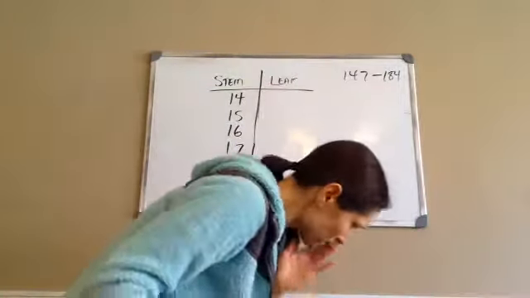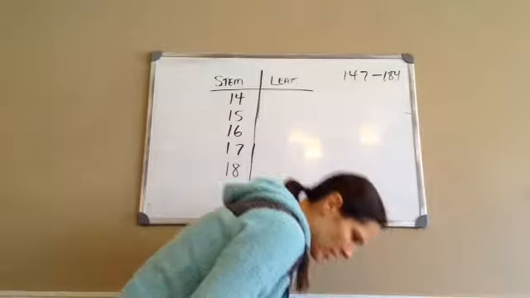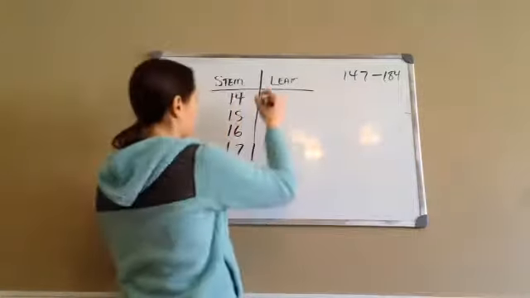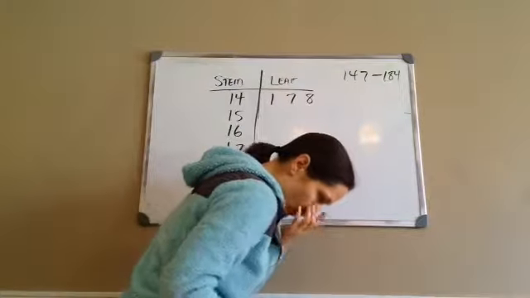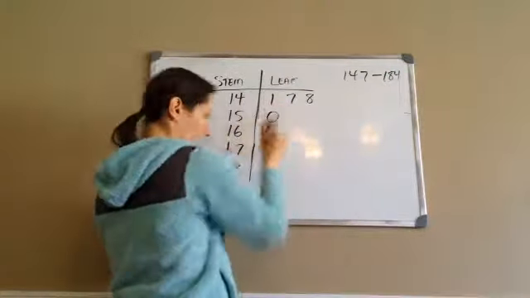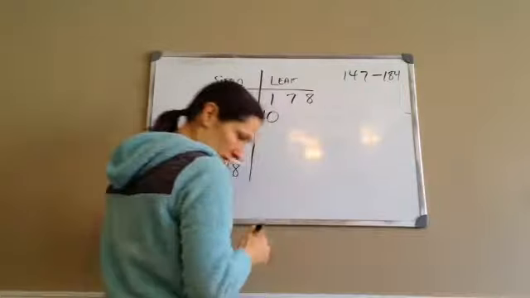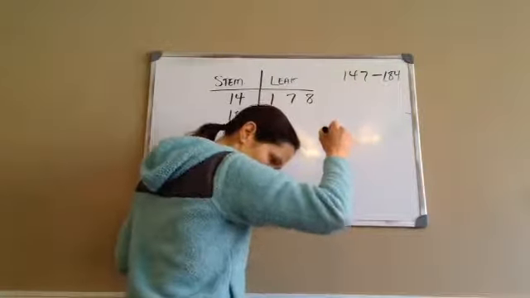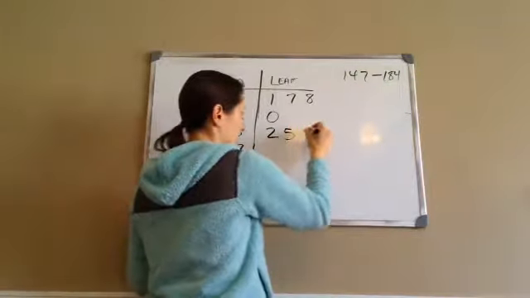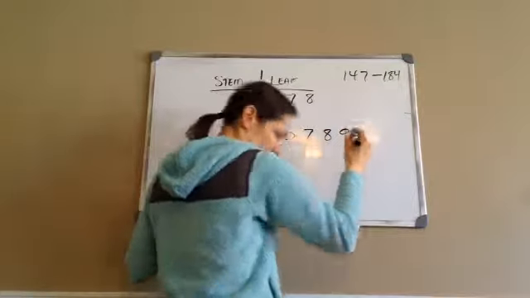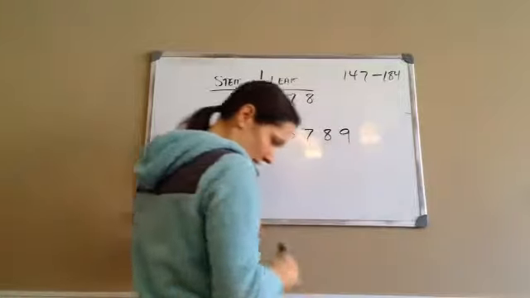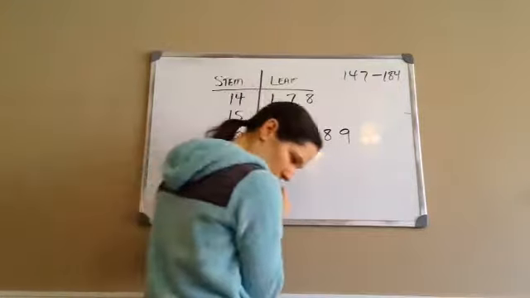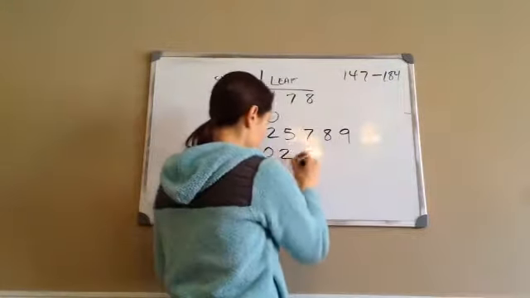Let's see. So we've got 141, 147, and 148 as one of ours. We have 150. We have 162, 165, 167, 168, 169. Then we have 170, 172, 173.